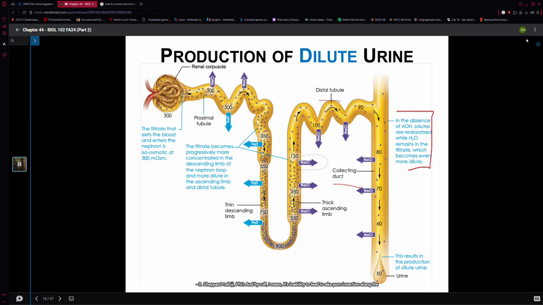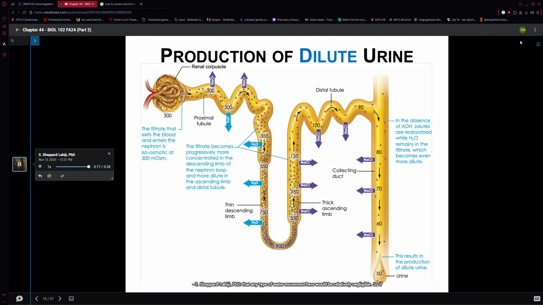And by role, I mean its inability to lead to aquaporin insertion along the membrane because it's no longer present, or is present in such low amounts that any type of water movement here would be relatively negligible. So if we're producing dilute urine, there should be a correlation to dilute urine in an absence of ADH.